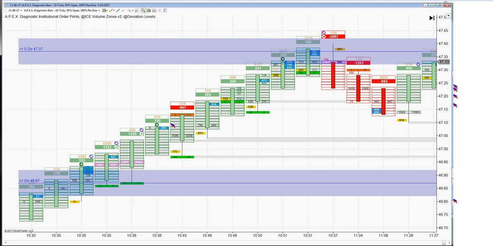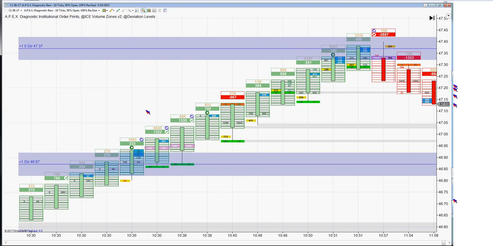Whereas if we go back, this is a good question by Caleb. What about all these clusters at the deviation levels? Well, what direction did they close in? Did they close with the trend or against the trend? I know it's an obvious question, but I'm asking you to answer.